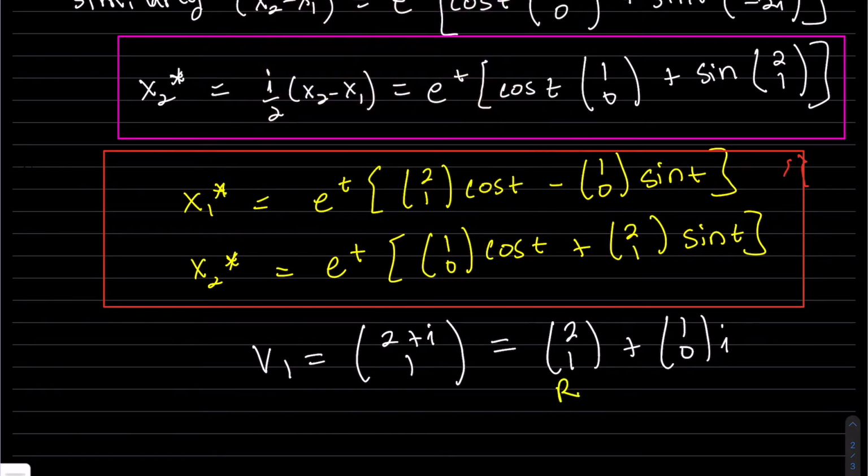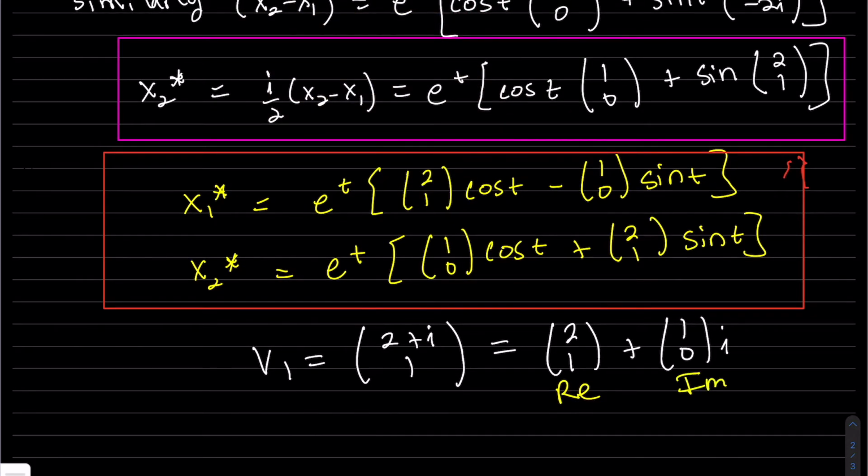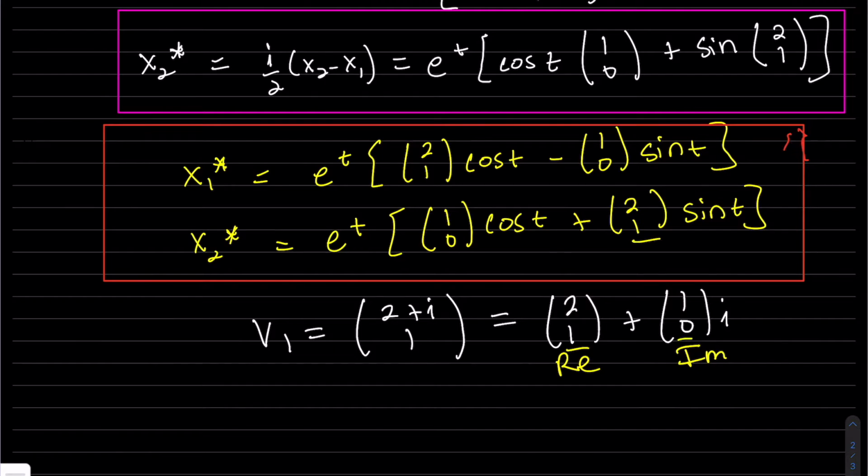This is my real, this is my imaginary part, which we see up here in all 4 places. So basically, both solutions come from the first vector. Isn't that cray-cray?